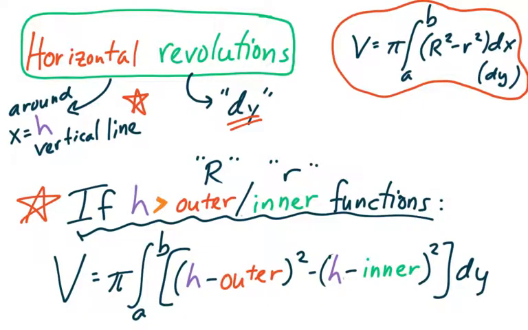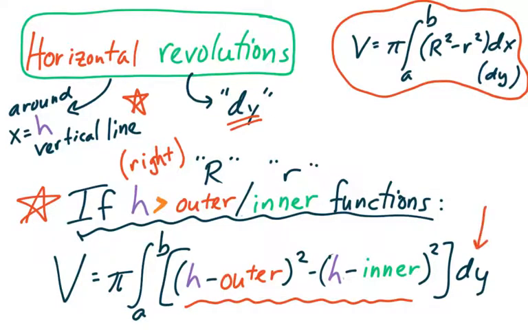If your axis is greater than, which means to the right, if your vertical line, the axis you're spinning around, is to the right of the functions, then you'll use this formula here of axis minus the outer squared minus axis minus the inner squared, dy. And also just know that these a's and b's are the y values because we're in dy land.